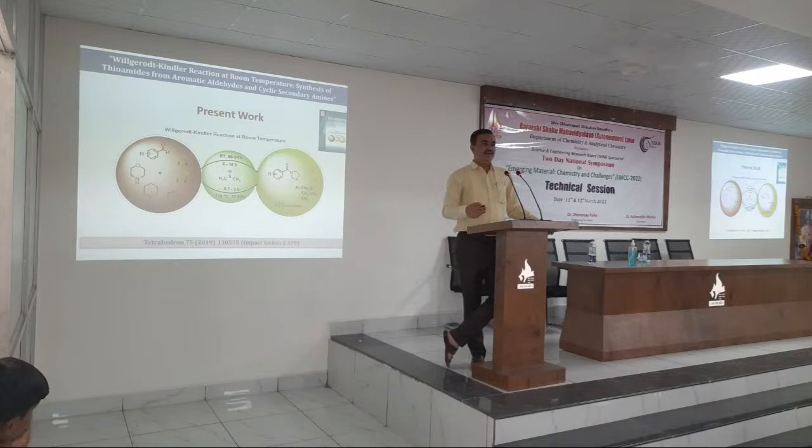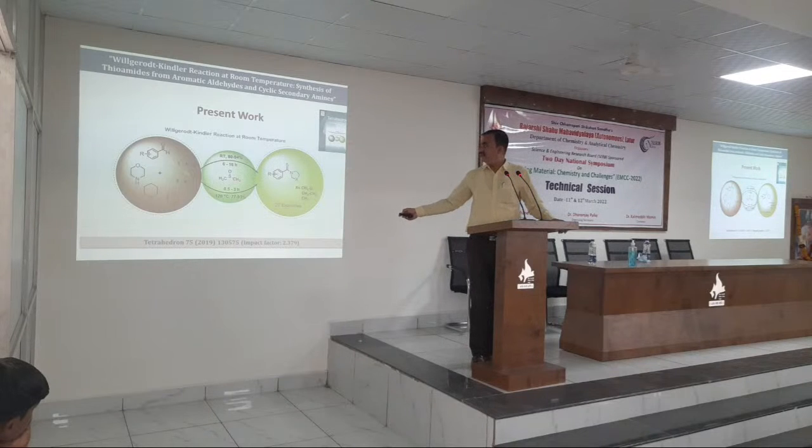Suppose you have taken 2 millimole of this, then you have to take 8 millimole of sulfur and 4 millimole of secondary amine. So just stir it in a DMSO solvent for 6 to 16 hours.